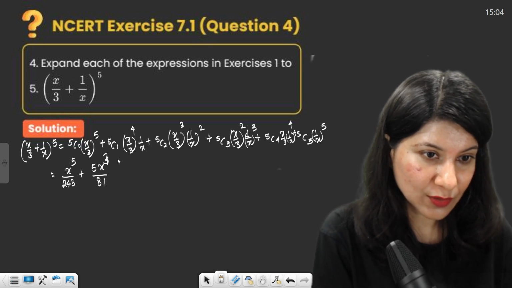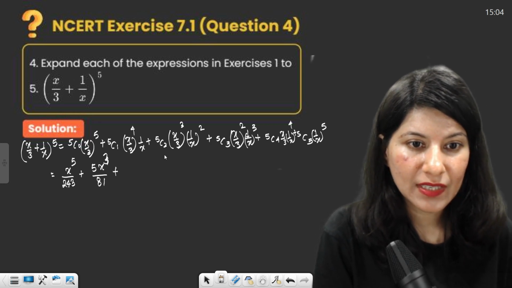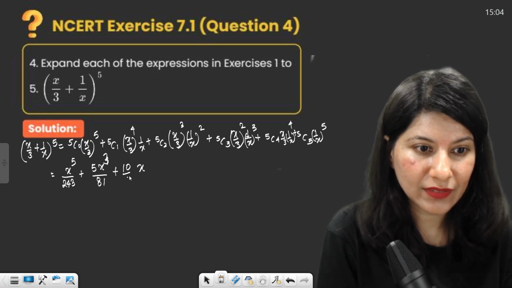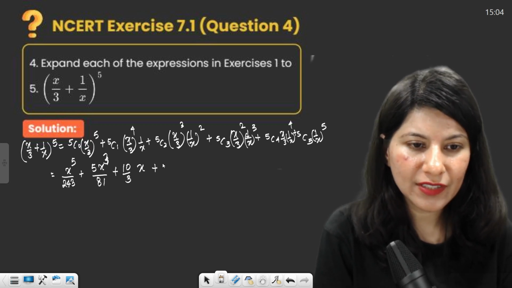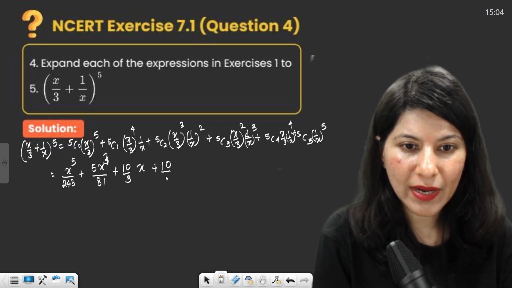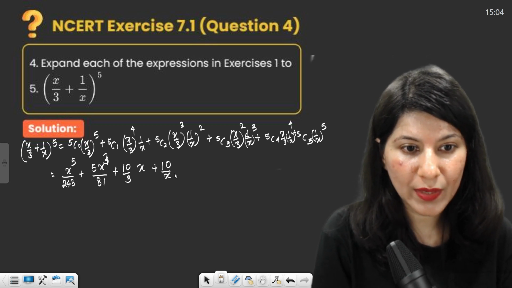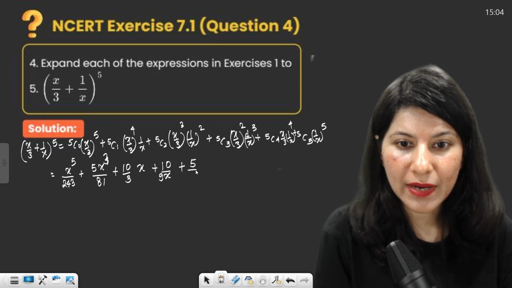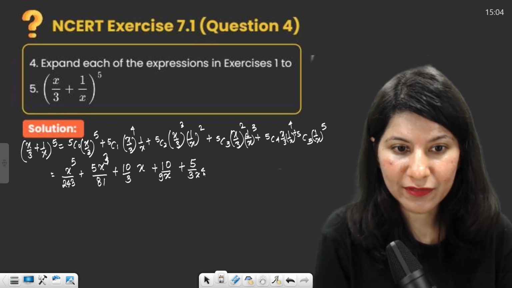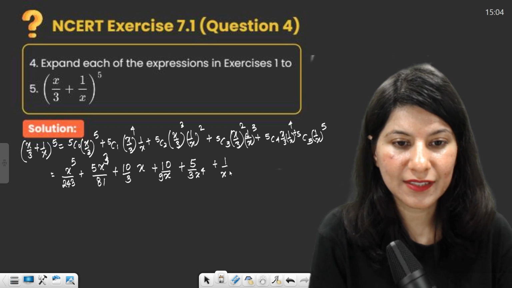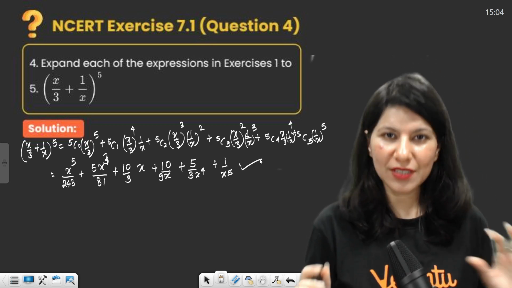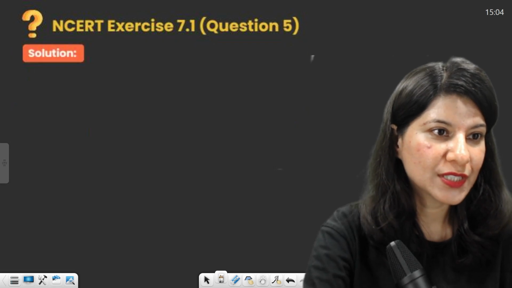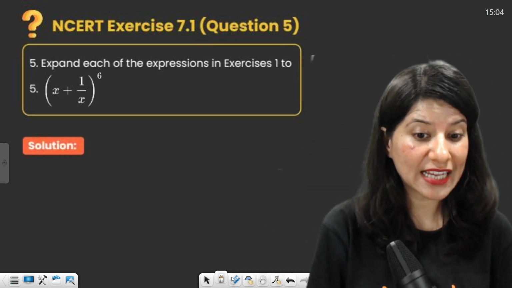So that's why this is going to be 3 plus x, 5C2 is 10. 10 by 3x plus 5C3 is also 10, and by x, 3 square is 9. 10 by 9x plus this is 5 by 3 x raised to power 4 plus 1 upon x raised to power 5. This is the final expression. Easy peasy. Now we are getting into it, right? So fourth question done nicely. Now we are having fifth, the last question of this type.